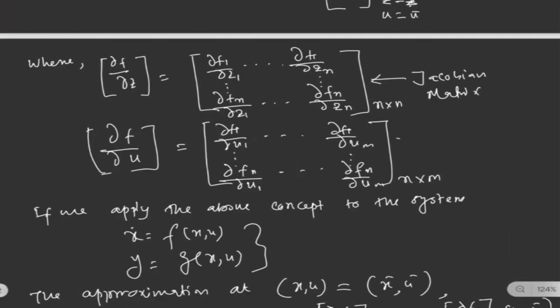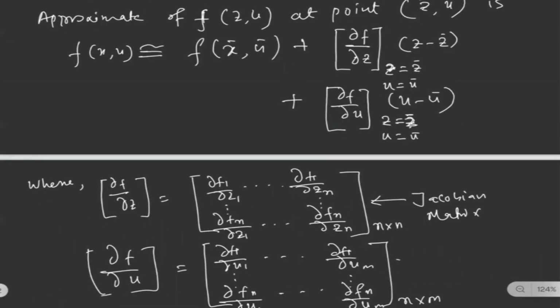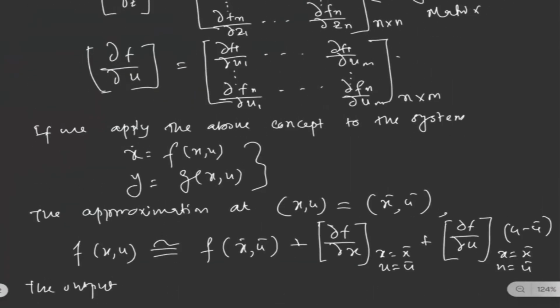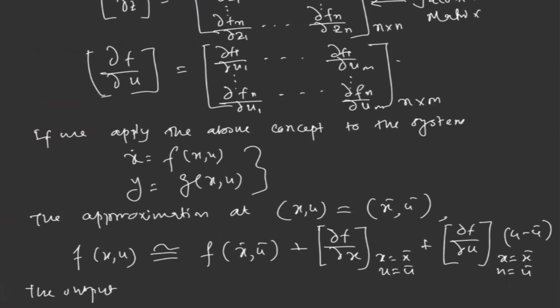Okay, in the previous case we have done this for the state equations. This is how we have done it. The similar procedure we can apply for the output equation. So this is the state equation, and this is basically your output equation.